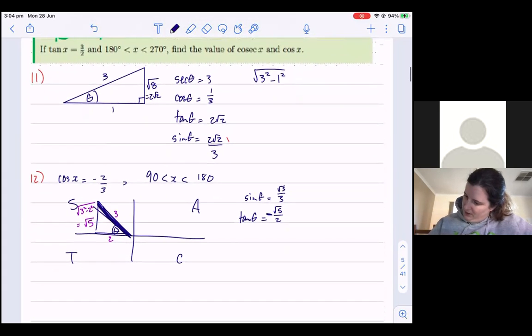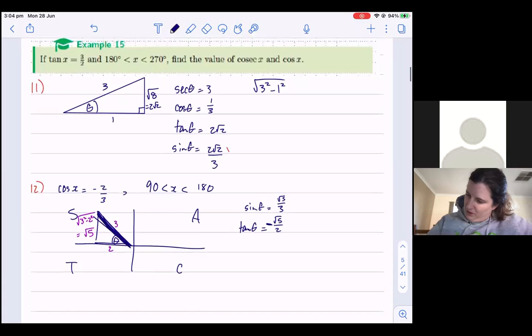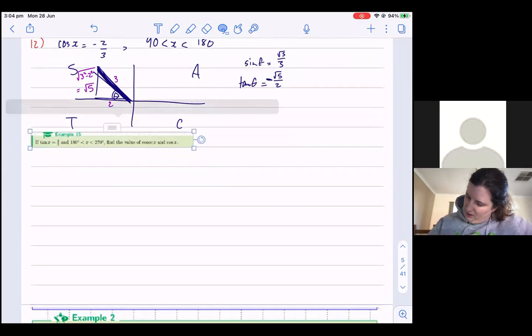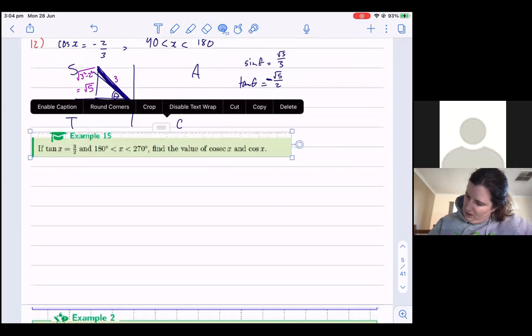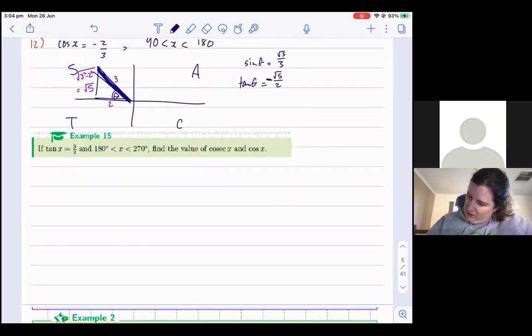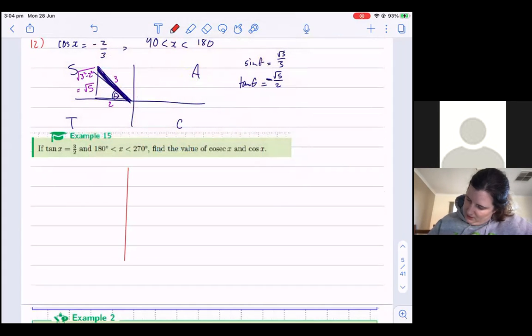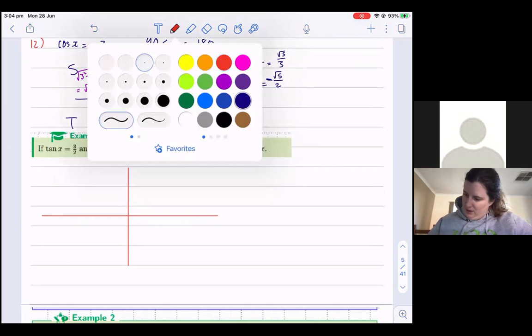Good. And example 15, sorry. Okay, this time we know, I may as well do this one nicely. We know we're in the third quadrant between 180 and 270.